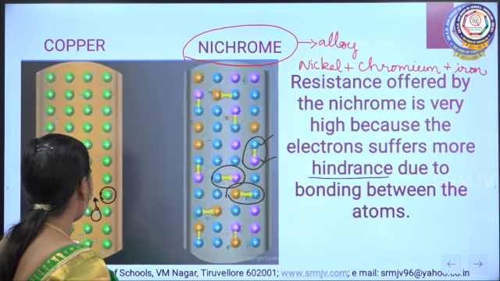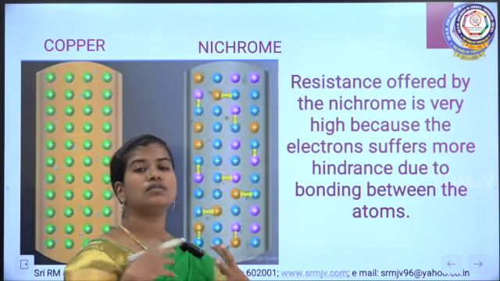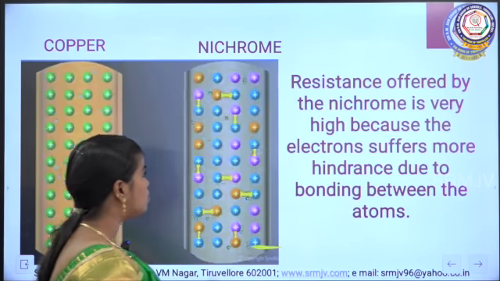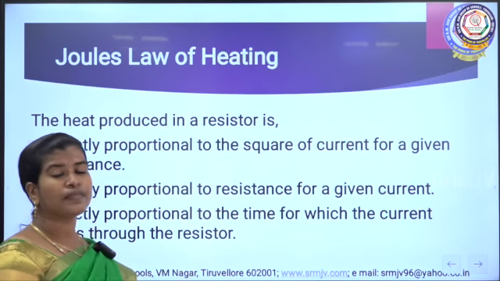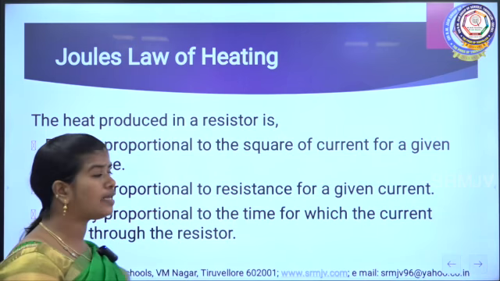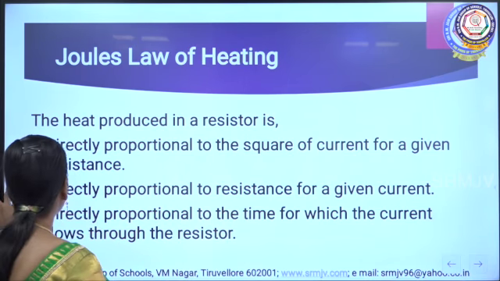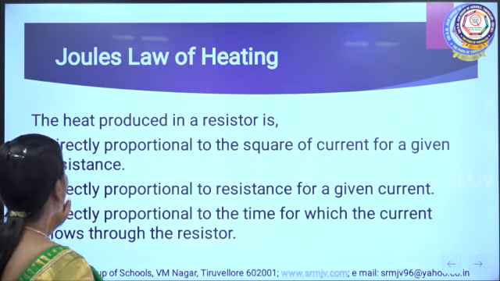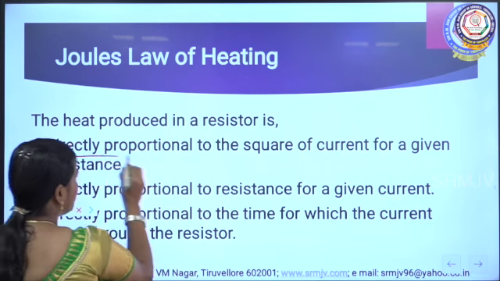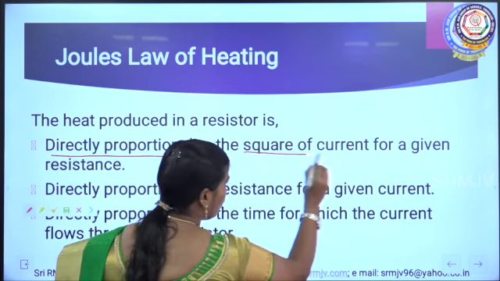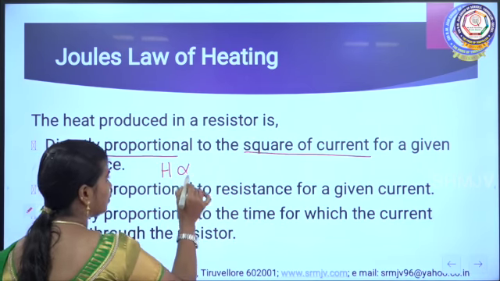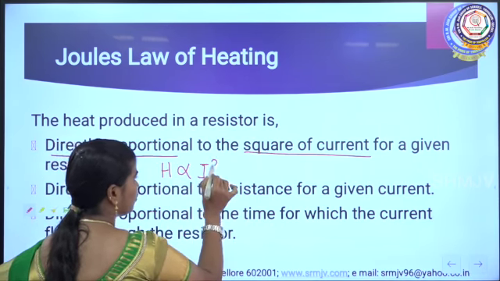Now, let me talk about the law. This law, the heating effect of current, we call Joule's Law of Heating. And Joule's Law of Heating states 3 statements. Let us see that. The first one: the heat produced in a resistor is directly proportional to the square of the current, which means H is directly proportional to the square of current.